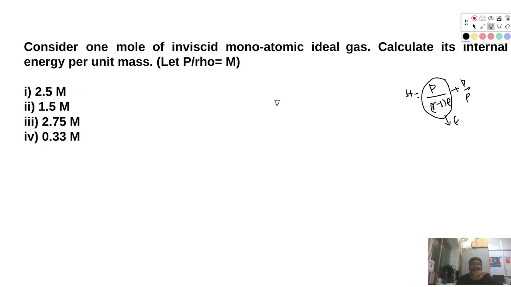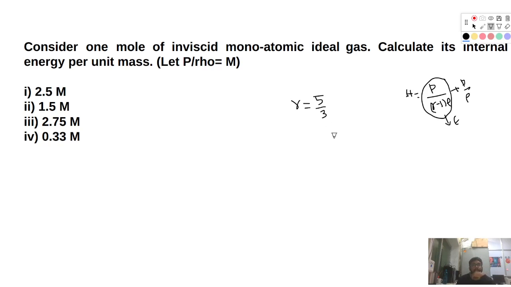So now you have a monoatomic gas. For a monoatomic gas, gamma is 5 by 3, right? Can you tell me how this 5 by 3 comes? I don't remember that, I just know 5 by 3 is for monoatomic, for diatomic 7 by 2, something like this. Okay, do you know about the degree of freedom? Yes, I know.